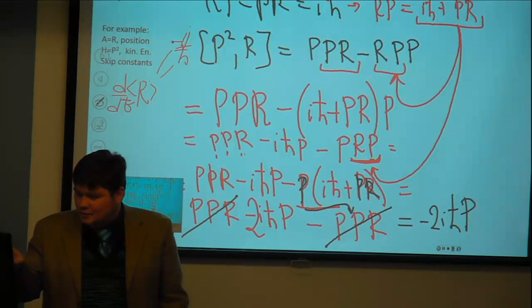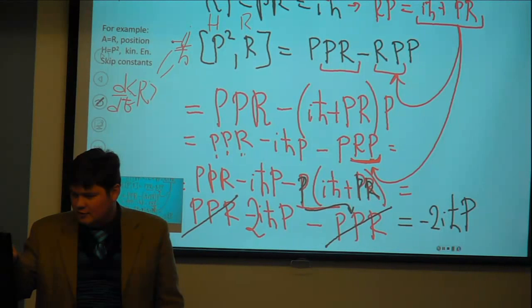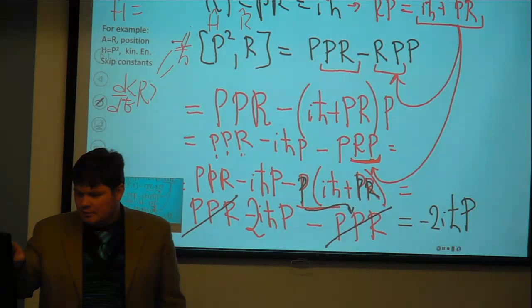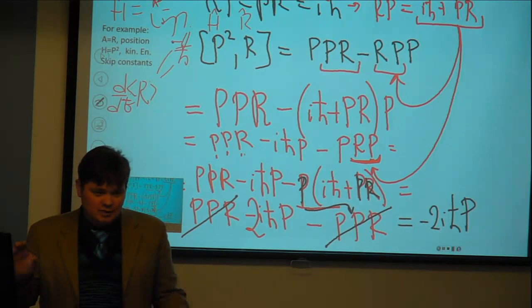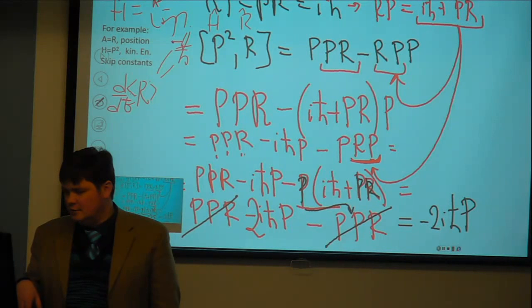So we need to put the Hamiltonian and position, both operators. If we set the Hamiltonian p squared over 2m, we can forget about 2m, just p squared. M can be tracked down later.